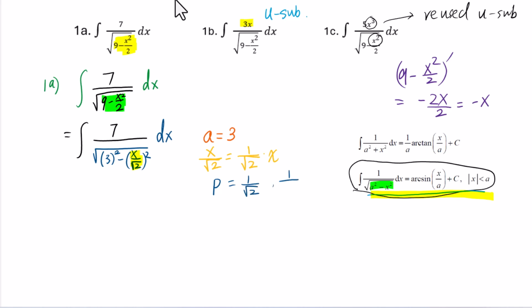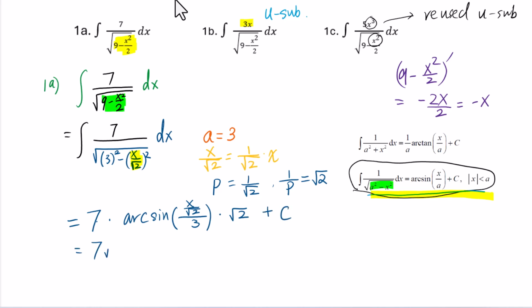So when we work out the reverse chain rule, 1 over p equals square root of 2. Take out the 7, 7 times arc sine of x over square root of 2, with a being 3, times 1 over p, which is square root of 2, plus c.